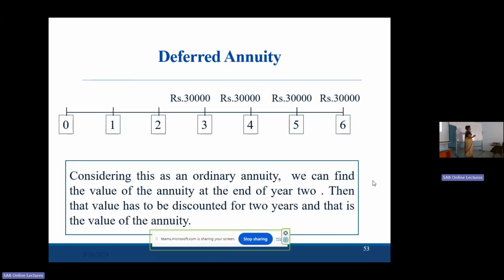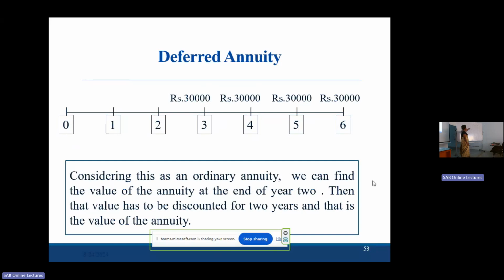It's like this, no? 0, 1, 2, 3, 4. End of year 1, end of year 2, end of year 3, end of year 4. Considering it as an ordinary annuity, value these cash flows at the end of year 2.